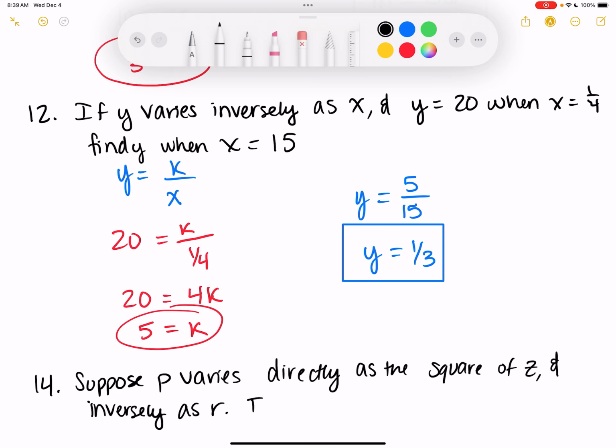If p equals 32 over 5 when z equals 4 and r equals 10. Find r, nope, I read that wrong. Wait, find p, there we go. When z equals 3 and r equals 32.